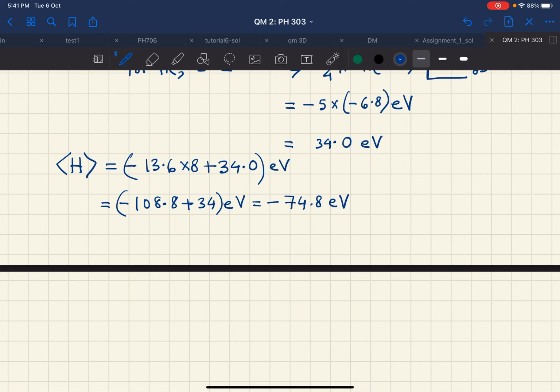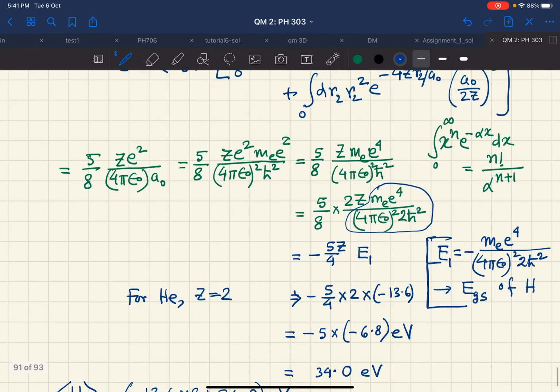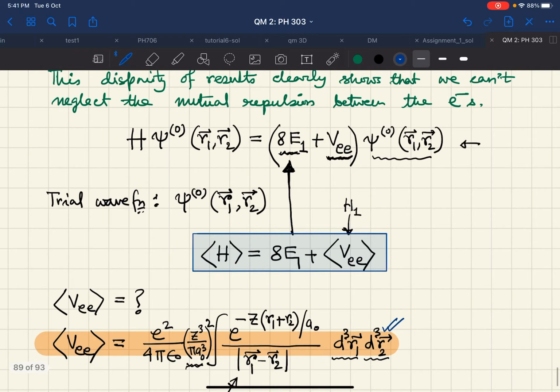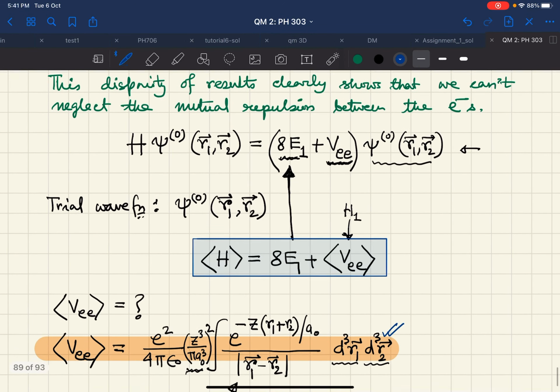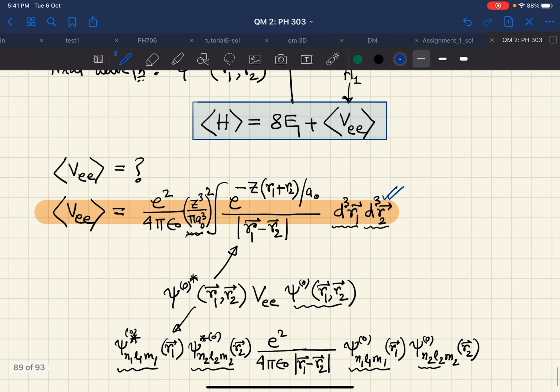So instead of basically figuring out using perturbation theory, we have just used the variational technique, where our trial wave function, remember, was the original wave function that we had chosen. Trial wave function we did not change at all.